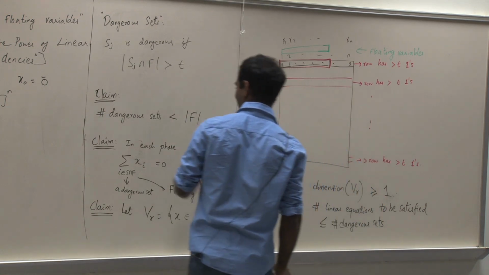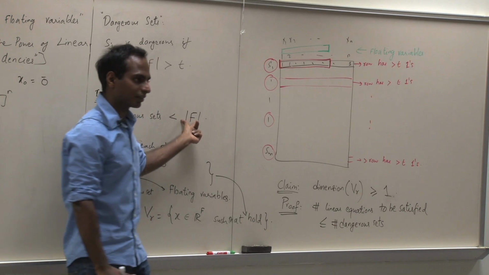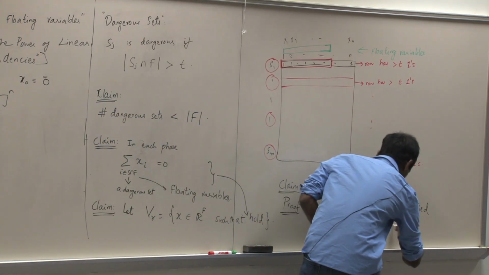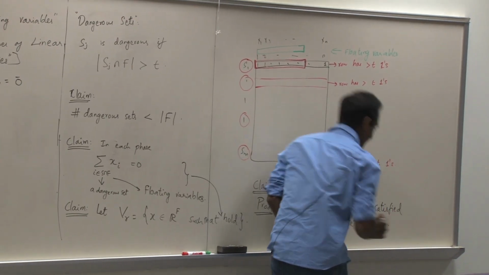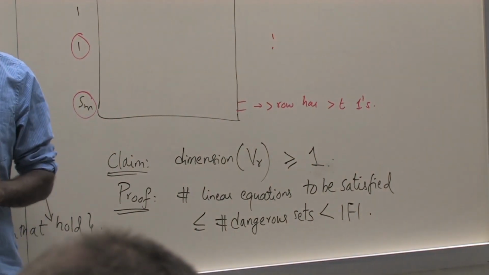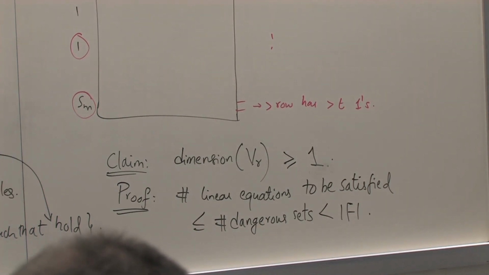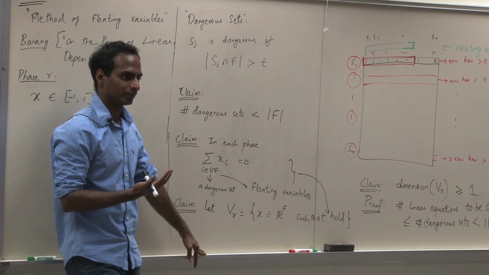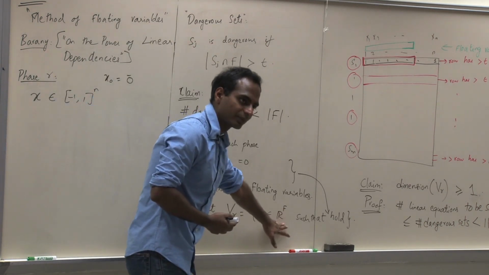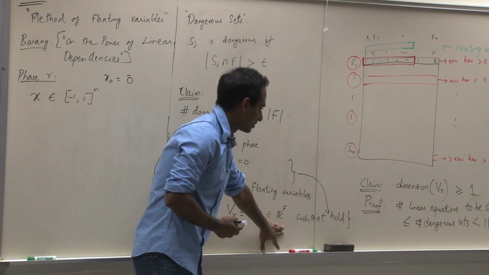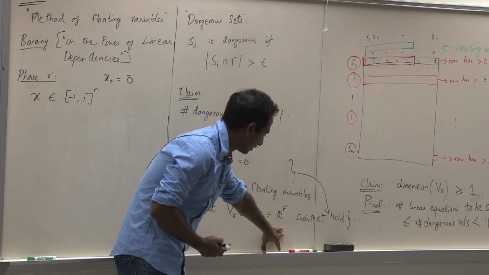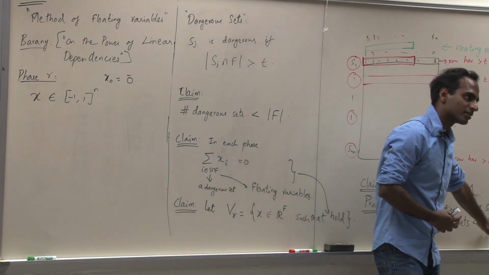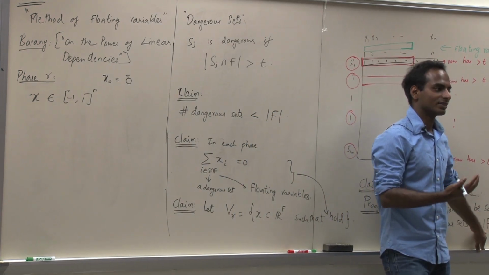And the number of dangerous sets we said is at most the size of f. Okay, it's strictly less than the size of f. Okay, but the total dimension of the space you're working in is the size of f. Okay, that is R to the f. So you started out with the space of dimension size of f, and you impose less than size of f constraints. So the dimension is at least 1.